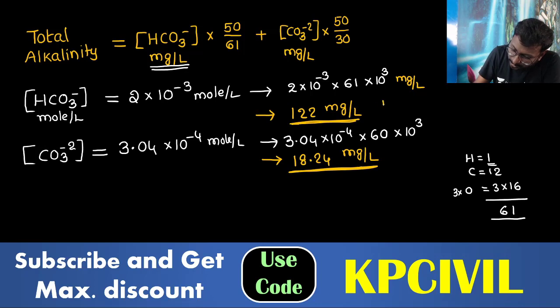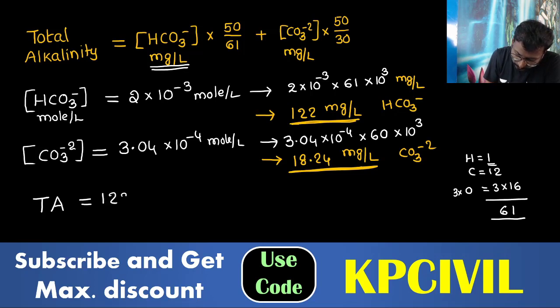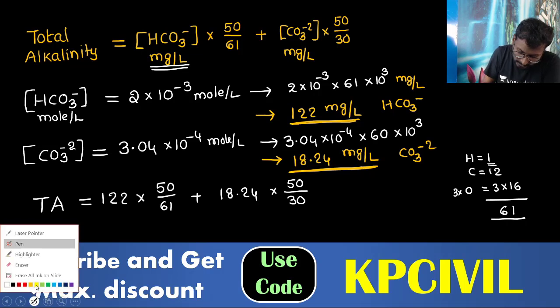So this is bicarbonate HCO3 minus, and this is carbonate CO3 minus 2. Now what can we write down? Total alkalinity, our target is TA. Bicarbonate 122 into 50 by 61, plus carbonate 18.24 into 50 by 30. This is the answer now.